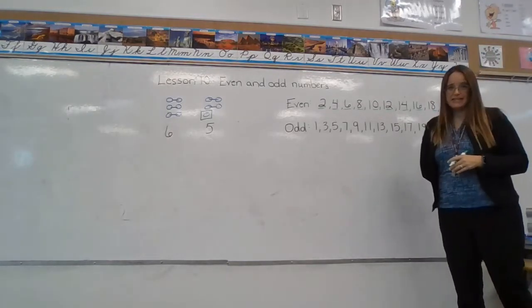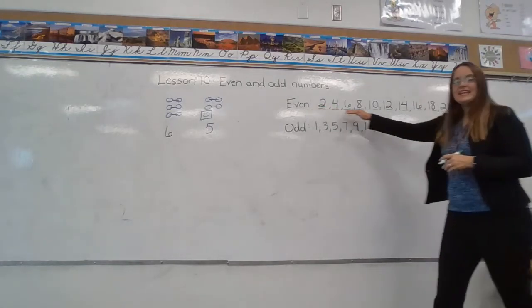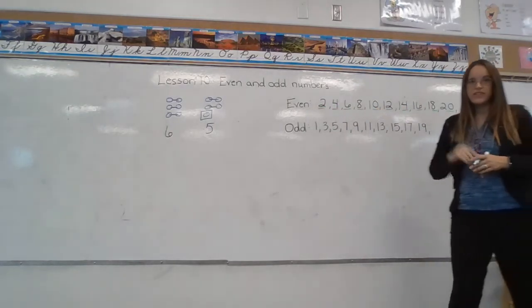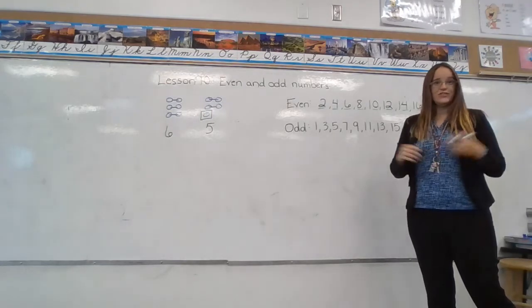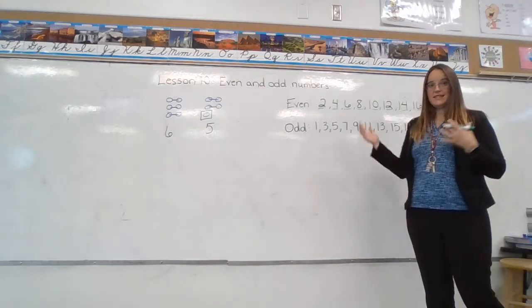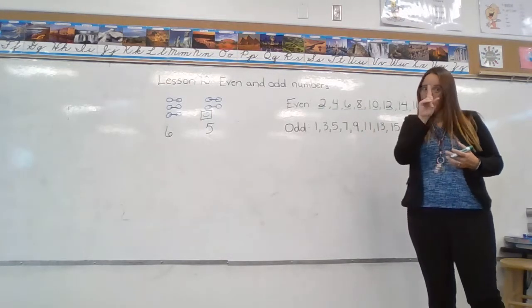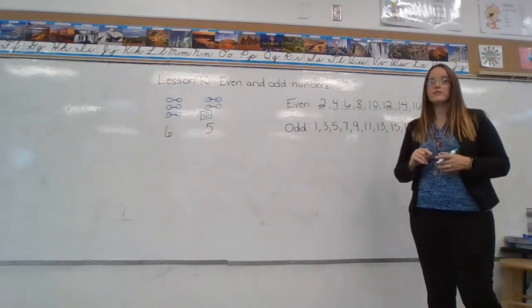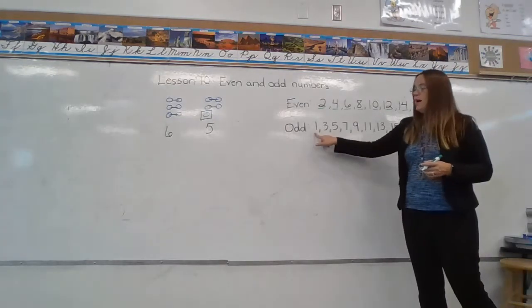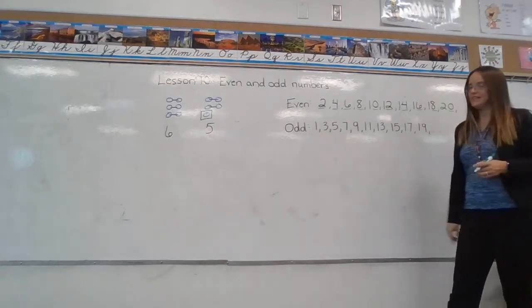But that's the end of my list. Do you see any even number that ends with a 1? No, you don't. Because if it ends with a 1, that 1 would be an odd man out. So any number that ends with a 1 is going to go in the odd list.